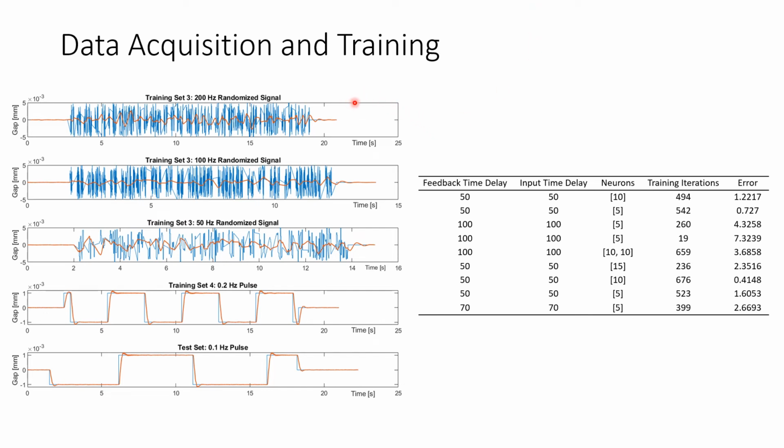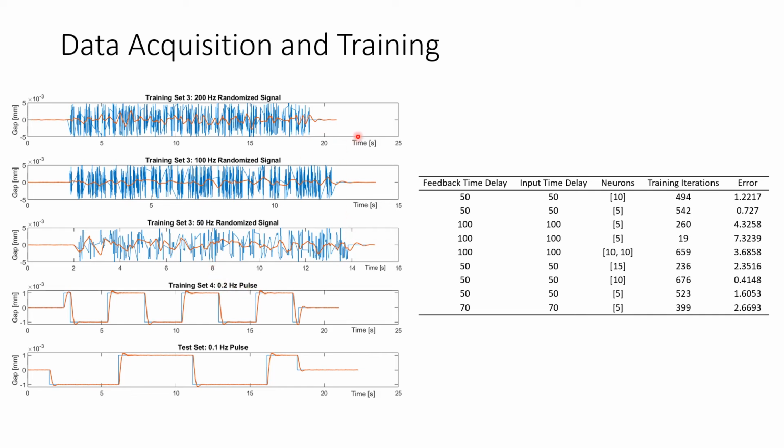is collected from the system. We have 4 sets of training data and 1 set of test data. We trained with the training data and then evaluated manually the results with the test data. For the training data we applied 200 Hz randomized signals, then 100, then 50, and then 0.2 Hz signals.